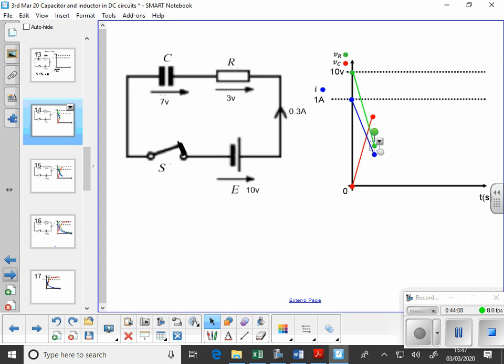So I've tried to transfer that information onto my graph over here.